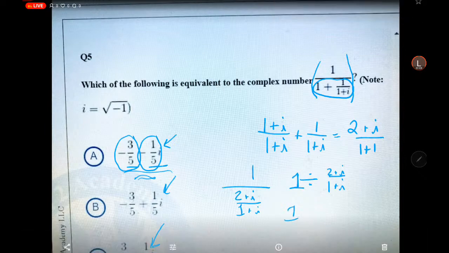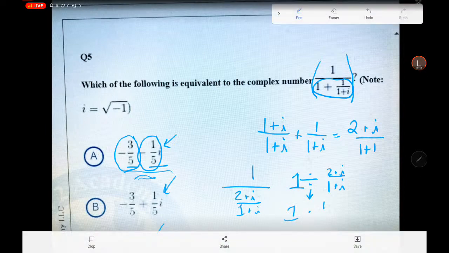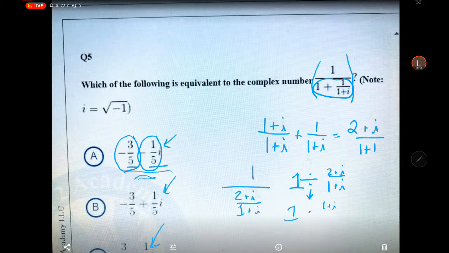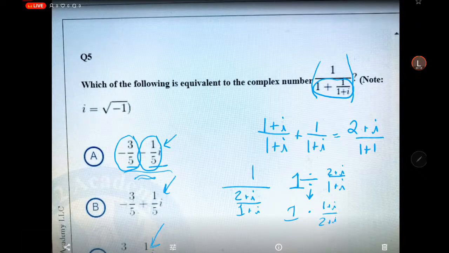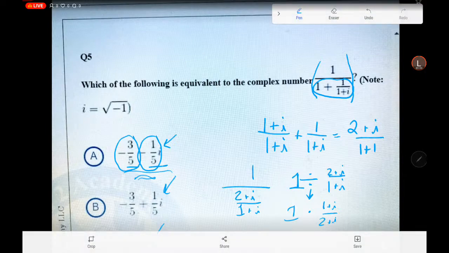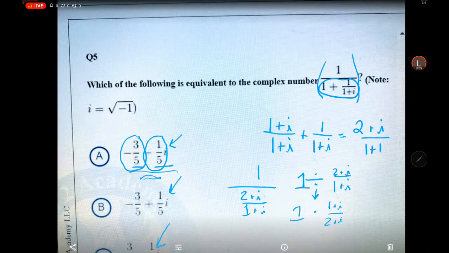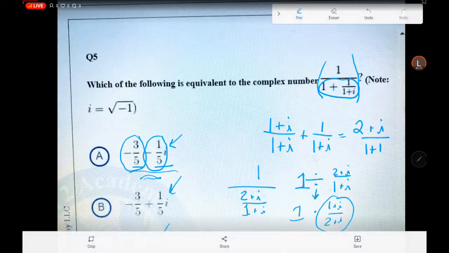Keep the 1, change the dividing to multiplying, and flip the fraction. That equals 1 times 1 plus i over 2 plus i, and of course that does equal 1 plus i over 2 plus i. But we're still left with a complex number in the denominator and we need to get rid of that.